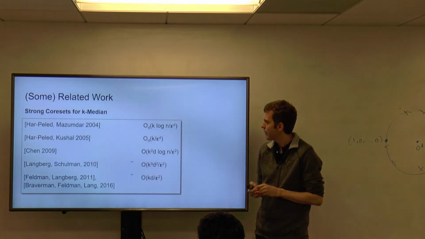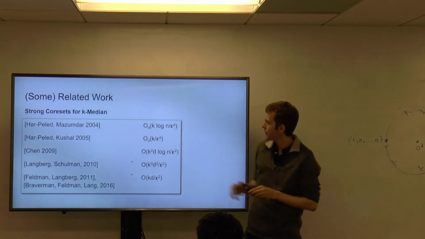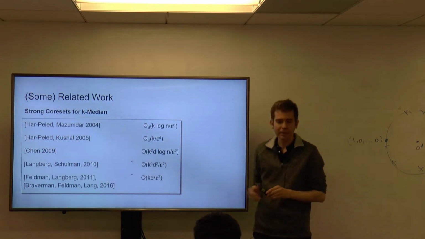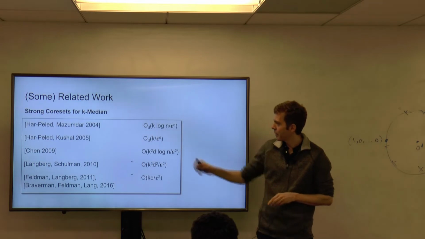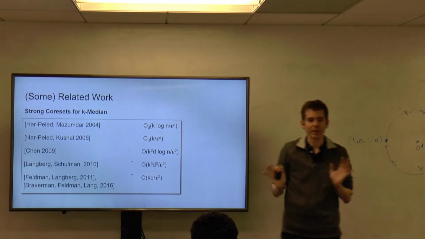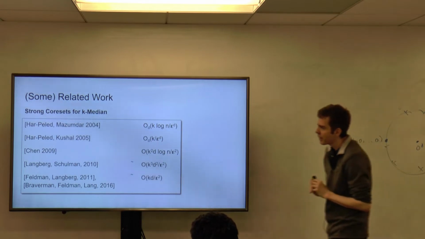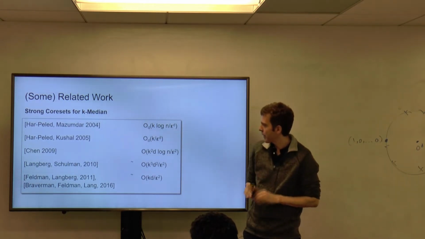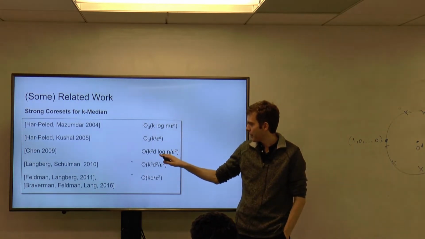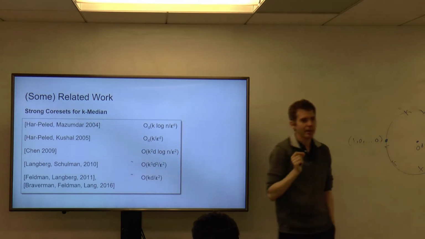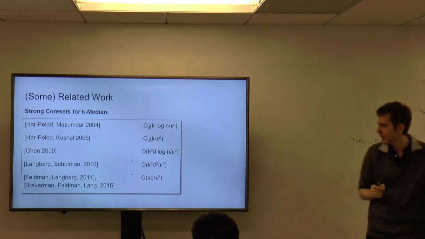So, for this original Coreset size, the natural question is, does it have to depend on n? What Har-Peled and Kushal showed later is that no, it doesn't have to depend on the number of points, but it's still exponential in the dimension. What Chen later showed is that you can get a linear dependence in d, but now the log n was back in the complexity.